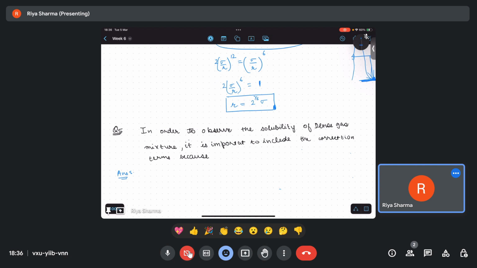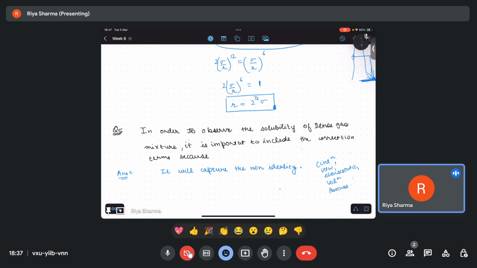Because it will capture the non-ideality. There is interaction between the particles, like van der Waals and electrostatic, even the volume correction term and pressure correction term.